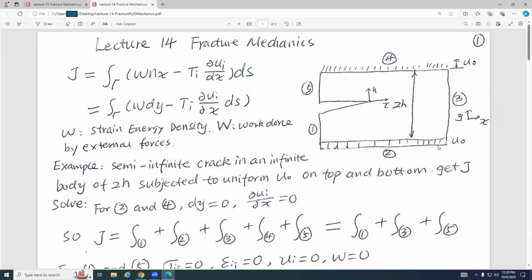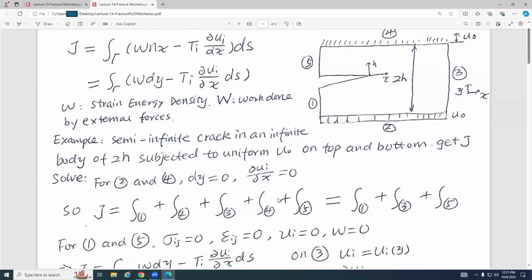As a result, dy equals 0. Also the displacement u2 in the y direction, which equals u0 here, does not change with x because it is infinite. And u1, I just assume u1 equals 0 in the x direction. So for segment 2 and segment 4, dy equals 0 and dui/dx equals 0.